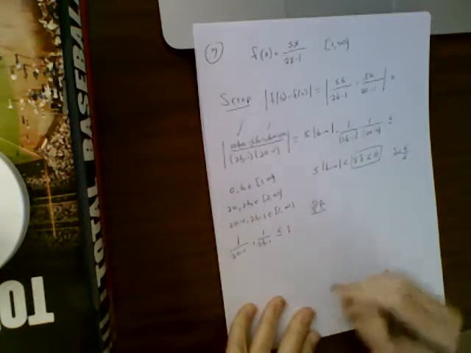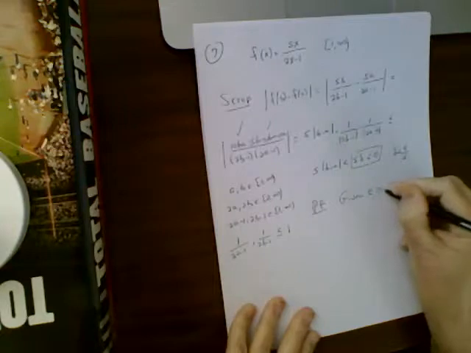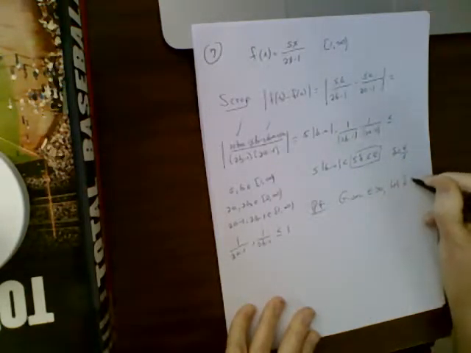And so now here's your proof. Given epsilon greater than 0, let delta be less than epsilon over 5.